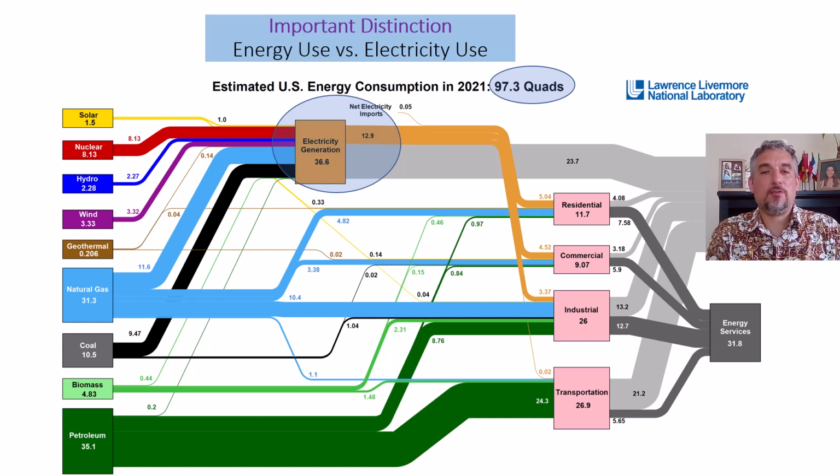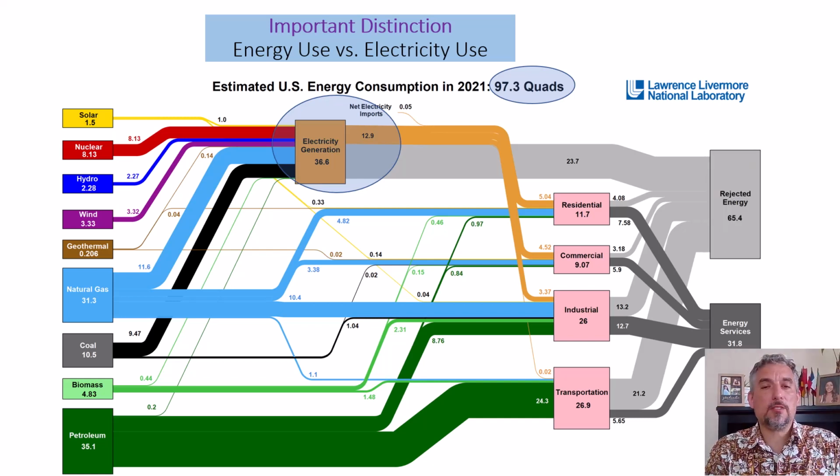And so you can see from this flow chart which types of energy are used to generate electricity. And as the electricity generation box says, 36.6 quads of energy, raw energy, are used to generate, and as you see coming out of the right side, is 12.9 quads of electricity.